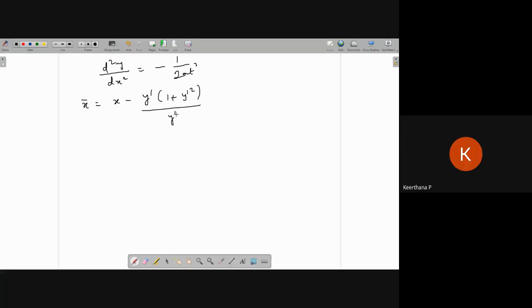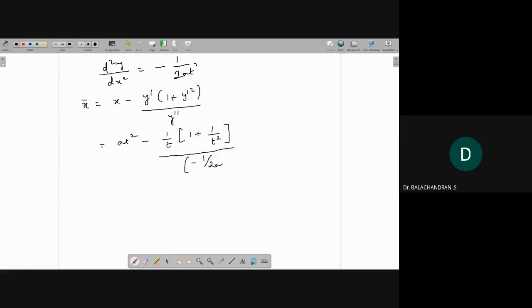Now that is at square minus 1 by t into 1 plus 1 by t square, the whole divided by minus 1 by 2a t cube.